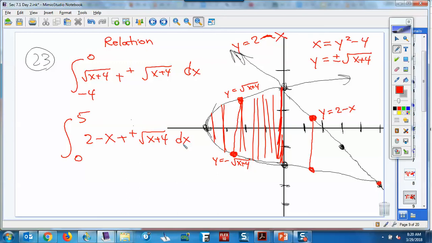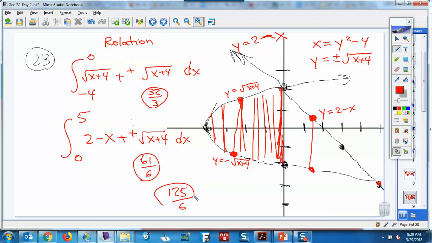Okay? And whatever, what is this, number 23? 125 over 6. This says it's 32 over 3, and this says 61 over 6. Those add up to 125 over 6.